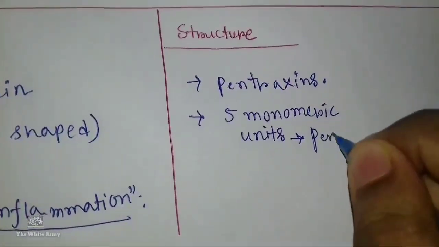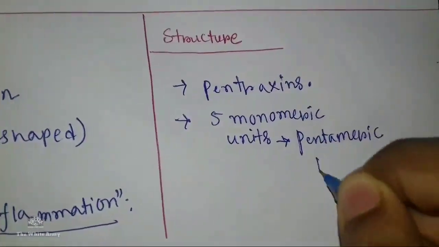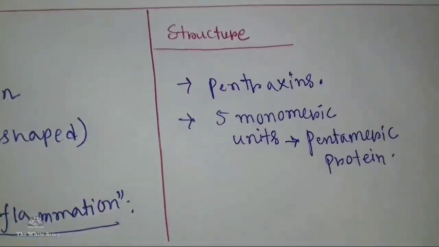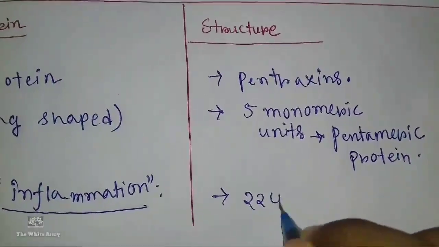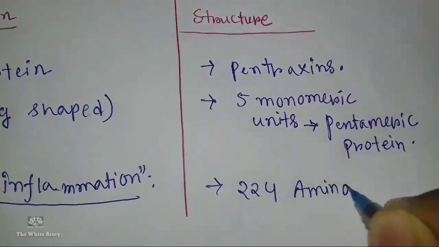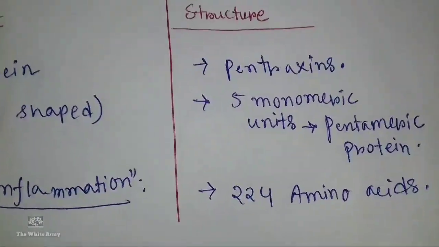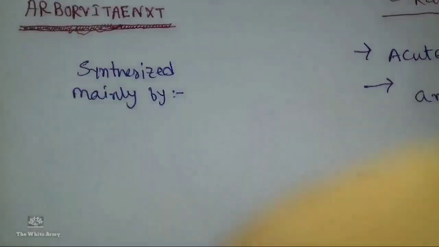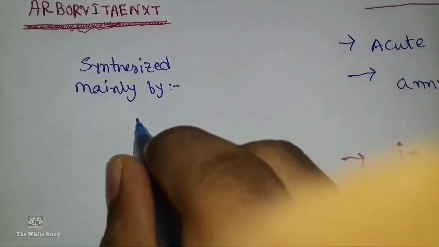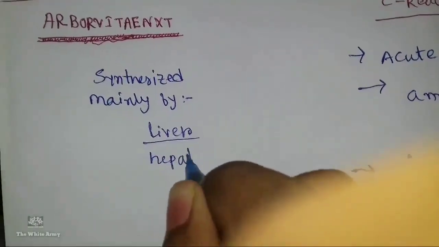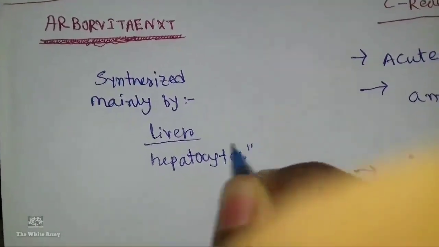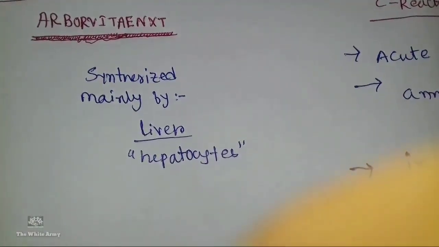Thus it is a pentameric protein, and it has 224 amino acids in one molecule of this. It is synthesized mainly by the liver in our body. In the liver, there are hepatocytes which synthesize this C-reactive protein.